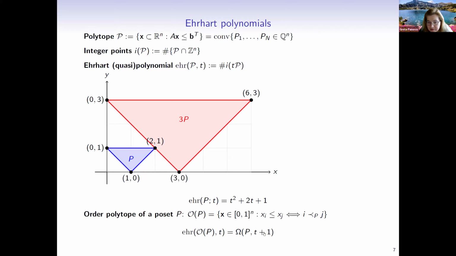Why is there a shift in the variables? Because when you dilate your order polytope by t, it's the same as choosing this vector from 0 to t. So instead of from 1 to t, we also include the 0.